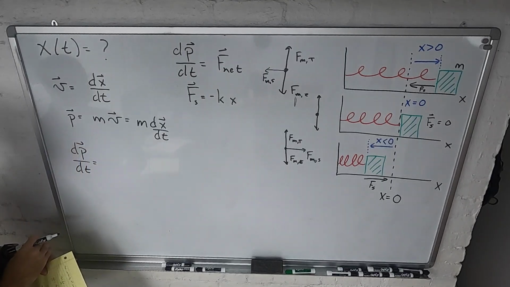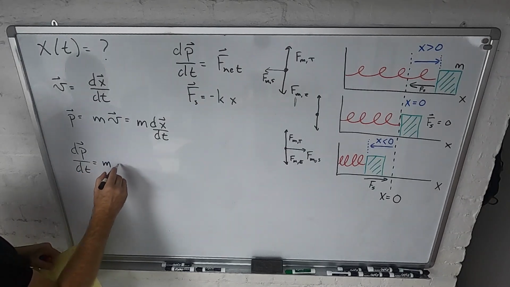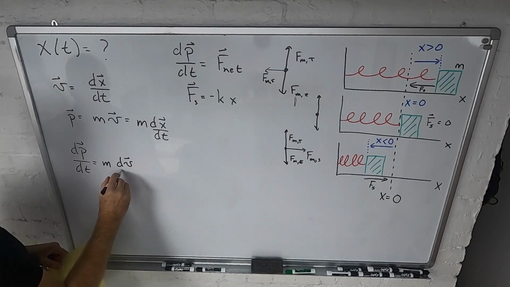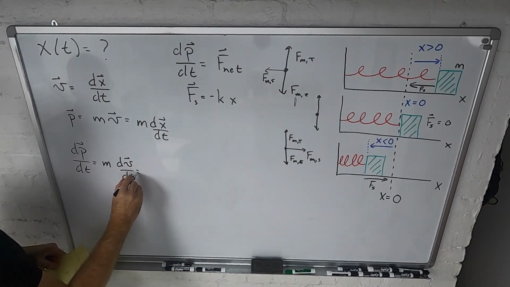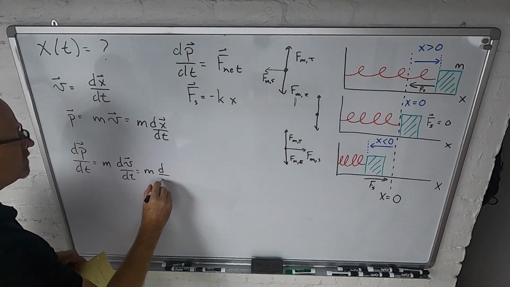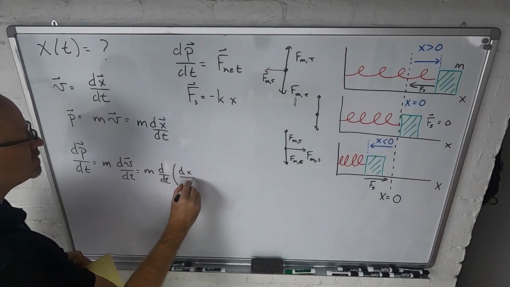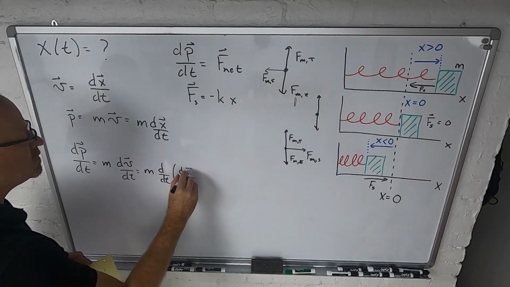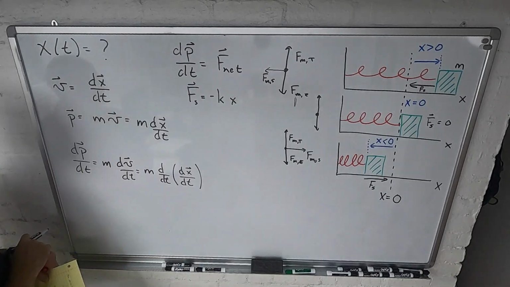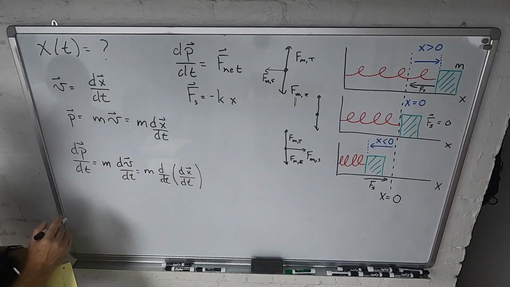That's a constant, so that can just step out. So now I have to take the derivative of the velocity. Well, that's going to be the mass times the derivative, d/dt, of dx/dt. Okay, so I just pick up one more derivative of the position.